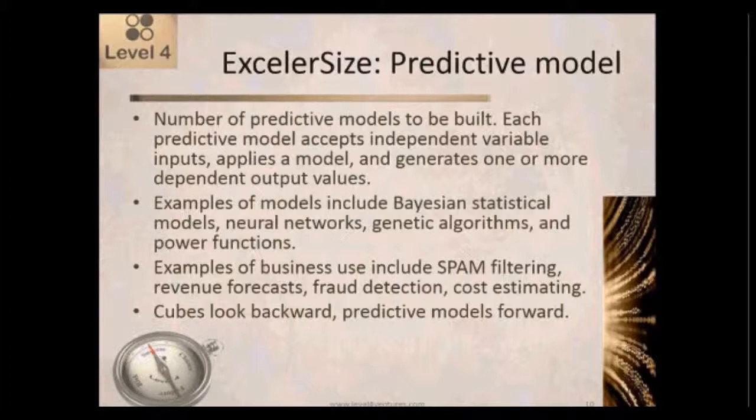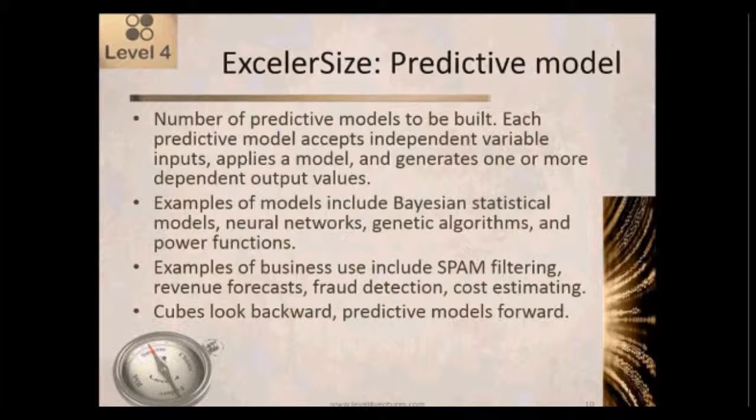If we think about it, cubes look backward. What happens is when you publish a cube, you're allowing the user to go in there and look at historic data in different ways and understand that historic data better. Predictive models, on the other hand, they forecast forward.